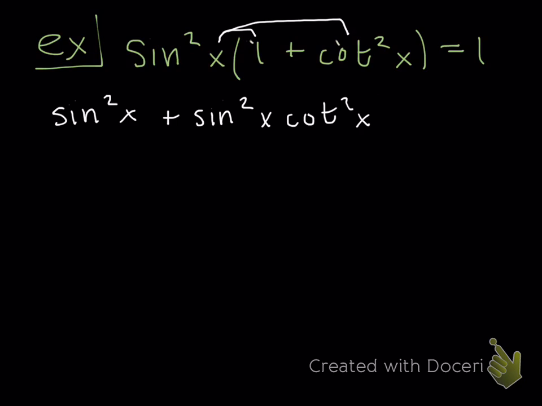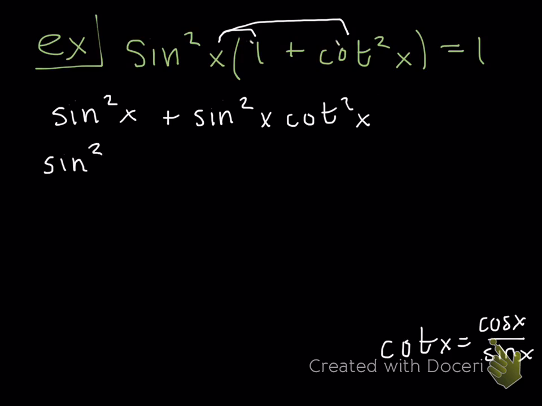I simply distribute it in. Now I want to get everything in terms of sine and cosine. Just a quick recall: I know cotangent is cosine of x over sine of x.